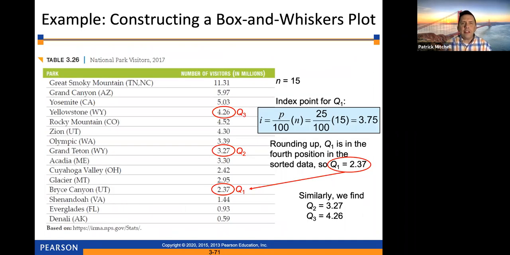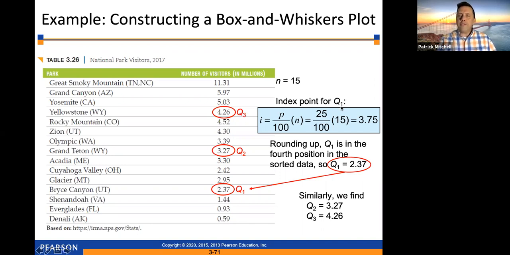All right, so here's an example. This table shows the number of visitors to national parks in millions. Notice there are 15 national parks listed, and they are already sorted in order from highest to lowest. So the first thing we're going to do is find our quartiles.